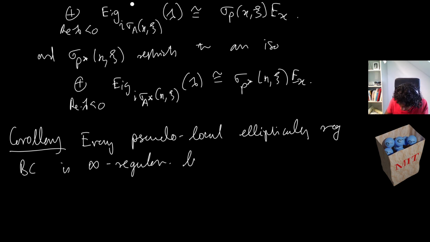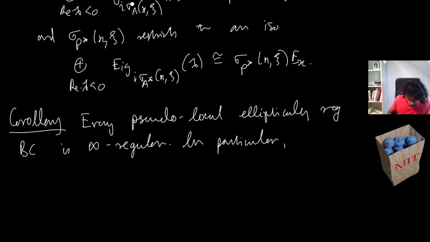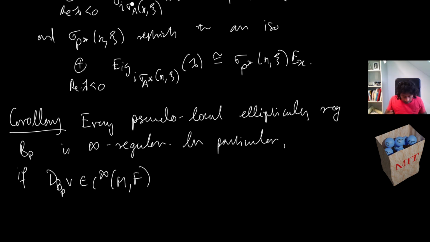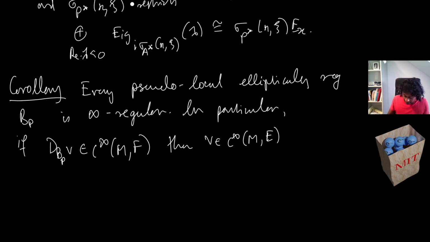In particular, if d_B_P of v is smooth up to the boundary as an interior object, then v is actually smooth up to the boundary as a section.